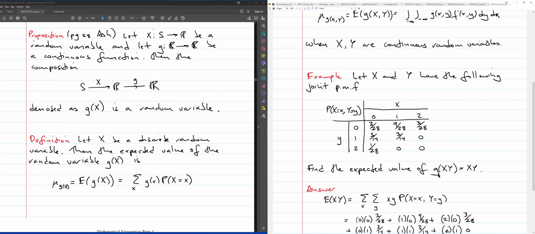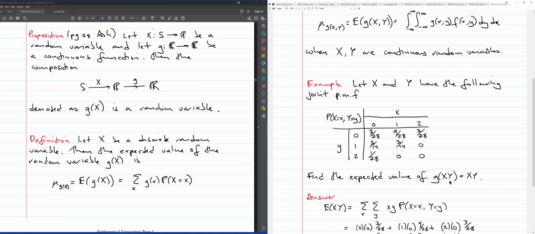What we want to do is get the expected value of this function of the two random variables, which is g of xy. The notation over here is a little bad. You should have a comma over here, g of x comma y. So the notation is a little off over here, but this is correct.